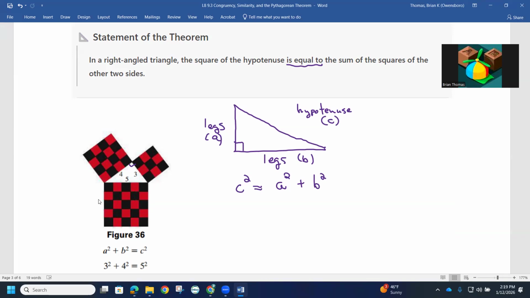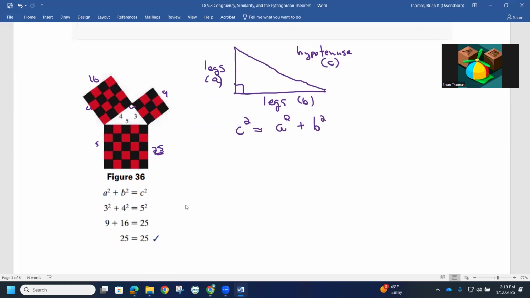If this is a 5 by 5, we know that there's got to be 25 squares inside the square. And if you square this side, in other words, find the area of this side, 3 by 3 is going to give me a 9. And 4, notice how I can make this a square, which means it's 4 by 4, which makes a 16.